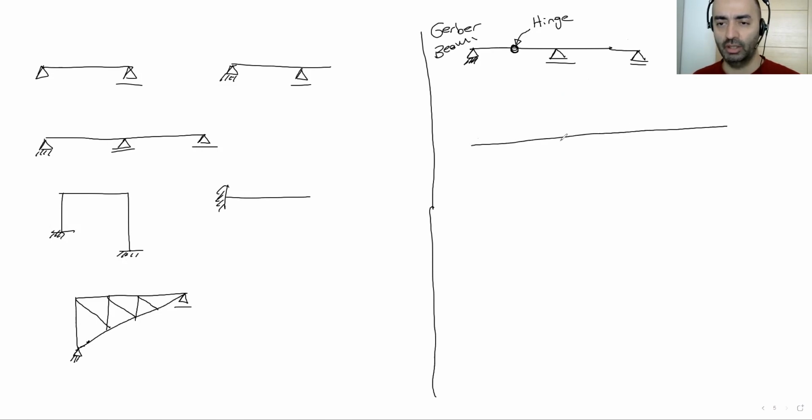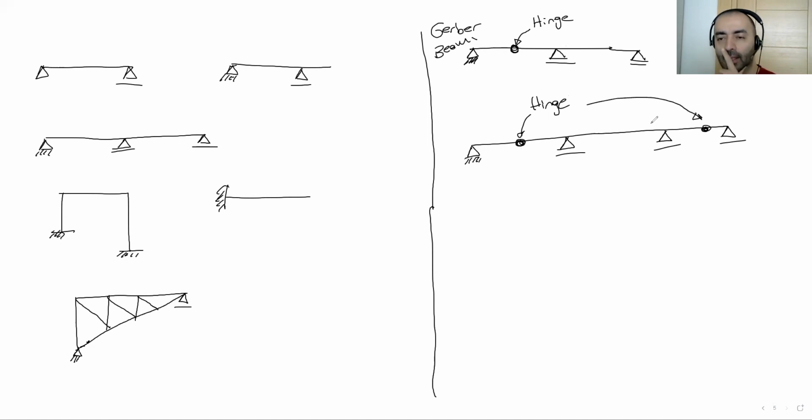Let's change the system. Okay, we have one hinge here, one hinge here. This is a kind of structural system. We use these hinges. Hinge means there is no moment at these points.